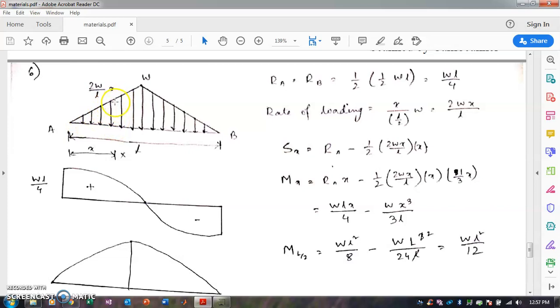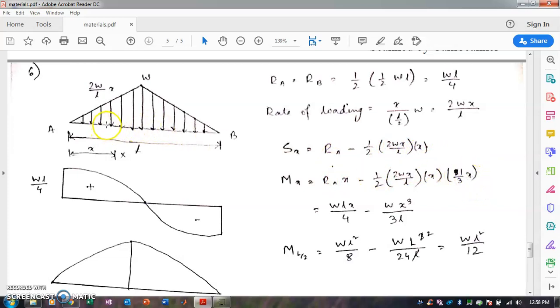This triangle has base x and height 2Wx by L. So the shear force Sx is Ra minus half into height into base. And the bending moment will be the same thing into distance, that is Ra into x minus this much into x by 3.